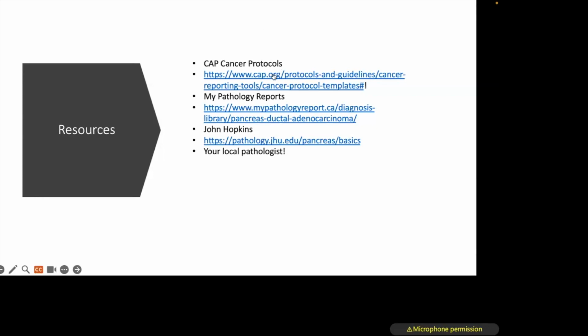So the CAP cancer protocols, as well as this wonderful website developed by one of my colleagues in Ottawa, just give you a breakdown of what the pathology report means. And Johns Hopkins has a really great website where it talks about the surgeries, the chemo, as well as the pathology report.